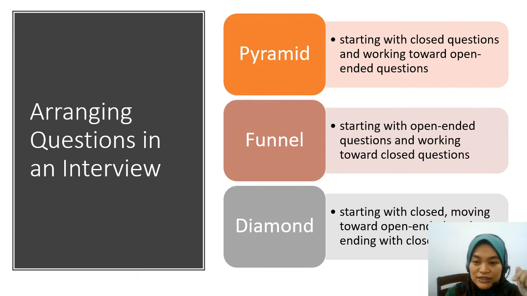The funnel starts with open-ended questions and then works toward closed questions. For the diamond, it starts with closed questions, then you have open-ended, and then it ends with closed questions. So it's a combination of pyramid and funnel. So it looks like a diamond. Okay.